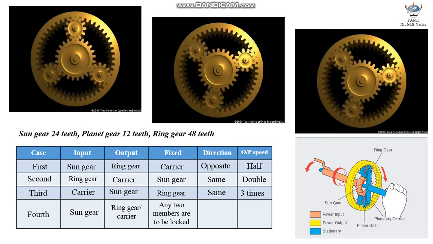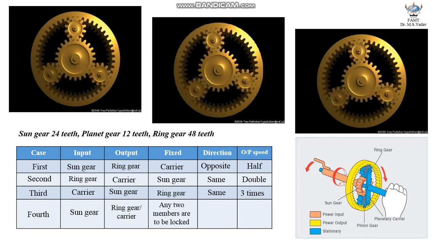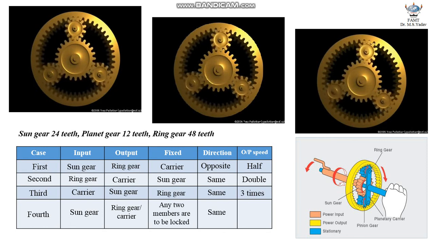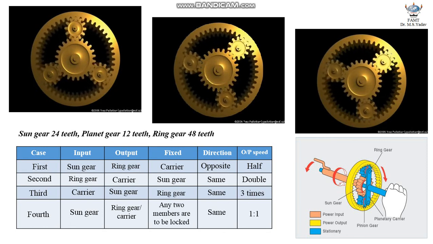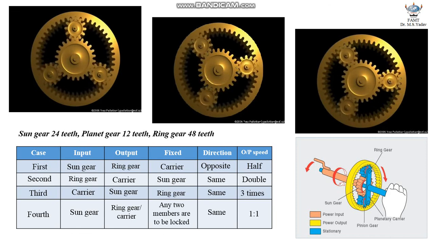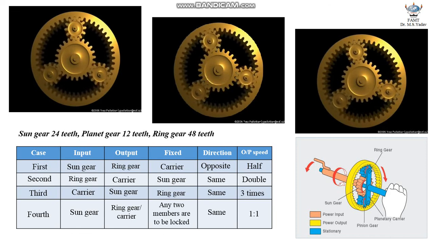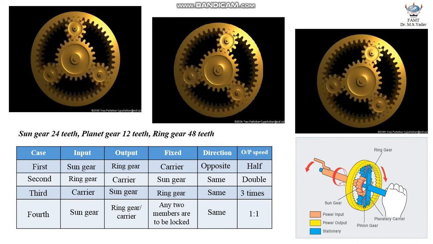The drive will be a direct drive with same input and output speeds. Gear ratio will be 1:1. That is, both input and output will be turning in the same direction with same speed. This one is the fourth gear ratio.